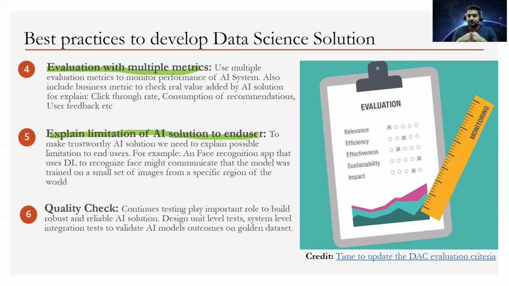Let me take an example. If you develop a face recognition app and you train your deep learning model on a small dataset of images, and those images come from one region of the world, for example from Europe, mostly white faces, and during productionization you have some users from the African region, some from the Asian region, the Middle East, there is a higher possibility that, if you don't explain the limitation of your AI model, like the limitation of the data, to the end user, then African and Asian users may be disappointed with the result of your model, because your model didn't see this kind of data.